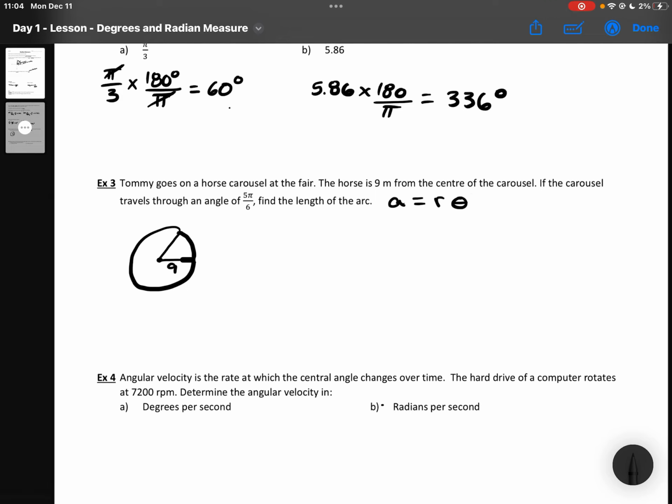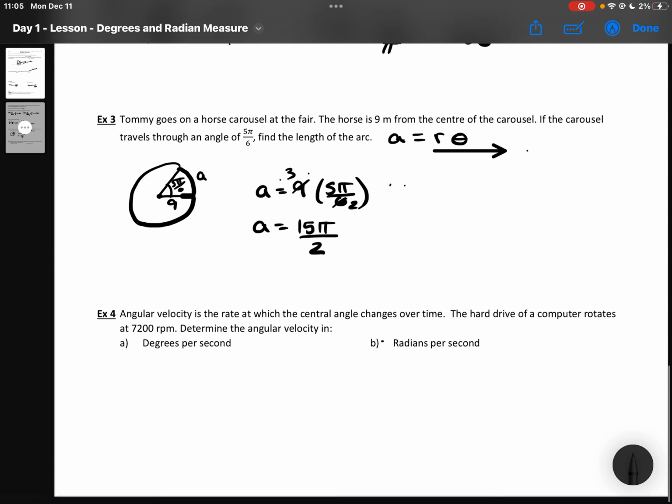And then it travels through an angle of 5 pi over 6, and we're looking for the length of the arc here. So we're going to take our radius, which is 9, and multiply by the angle that it travels through. And we're going to be left with 15 pi over 2 as our arc length. If you're interested in the derivation of that formula, we can go through it at another time, but this is how you calculate the arc length.